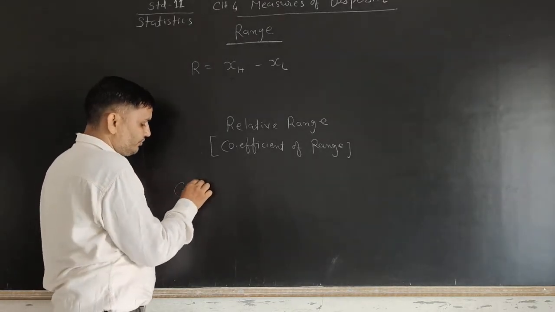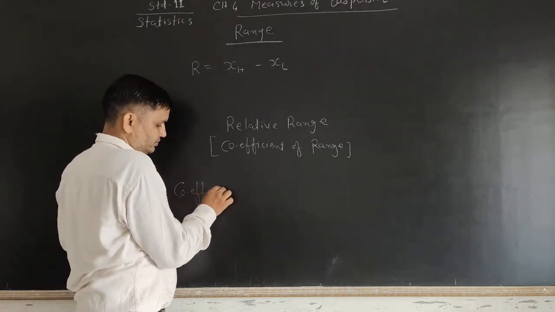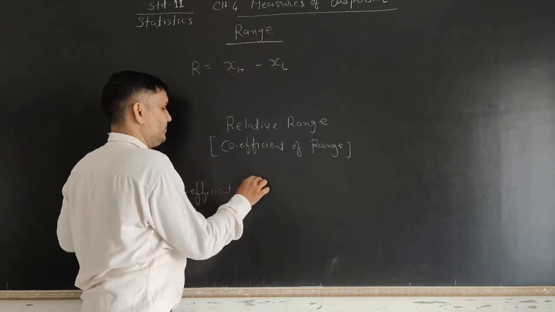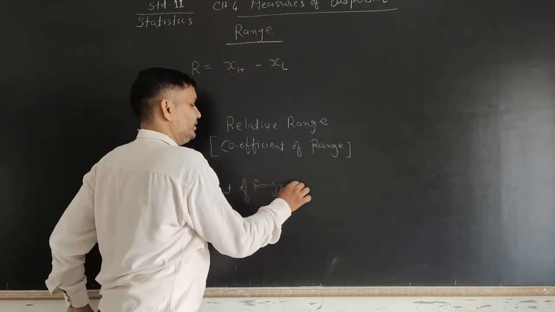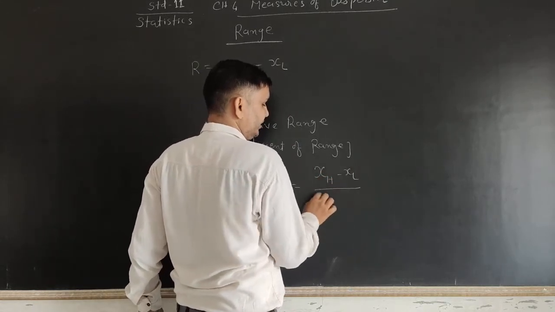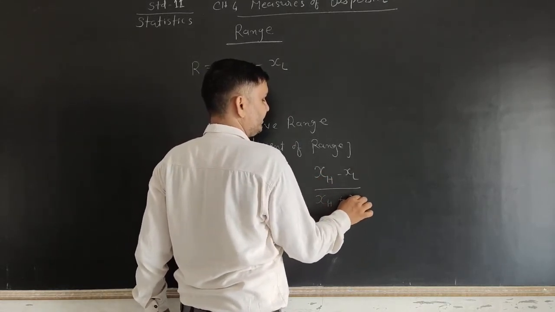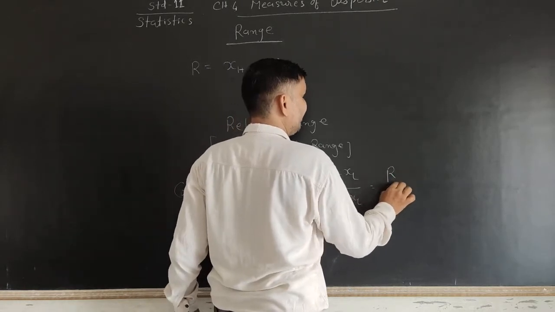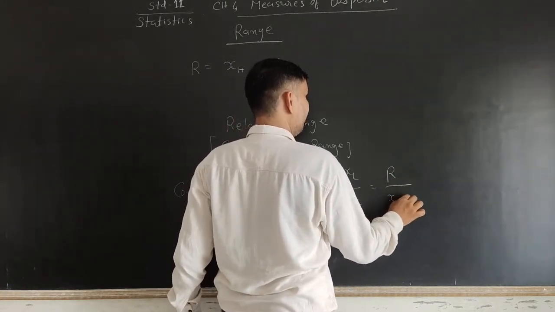So the coefficient of range or relative range is equal to XH minus XL divided by XH plus XL, that is, R divided by XH plus XL.